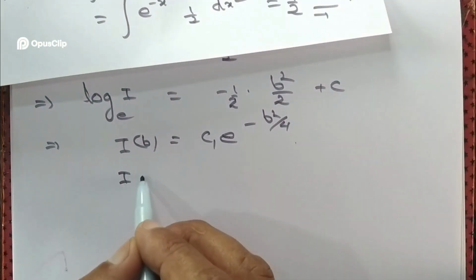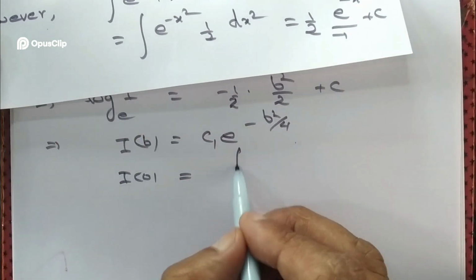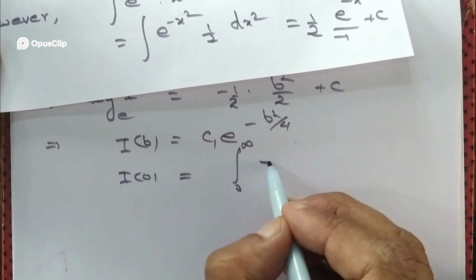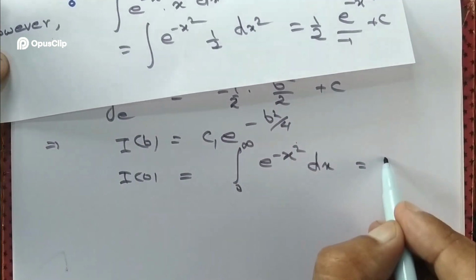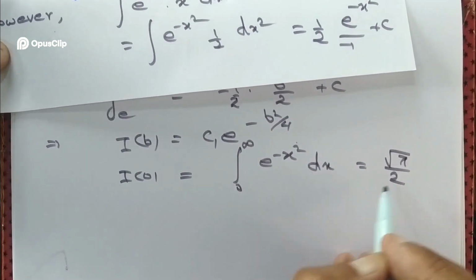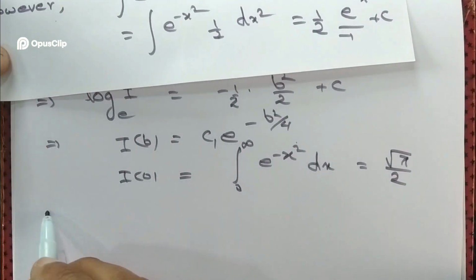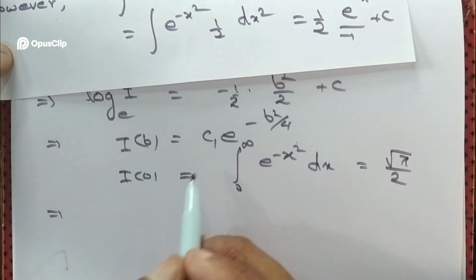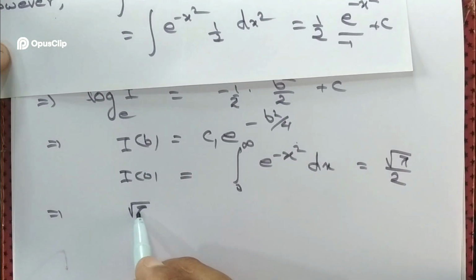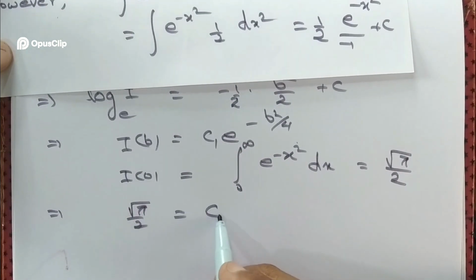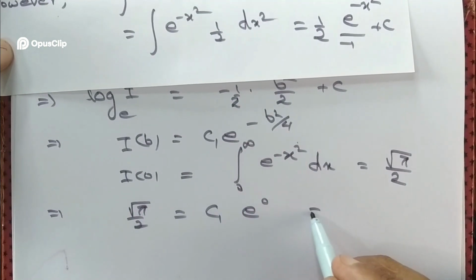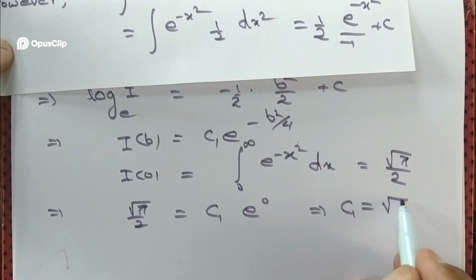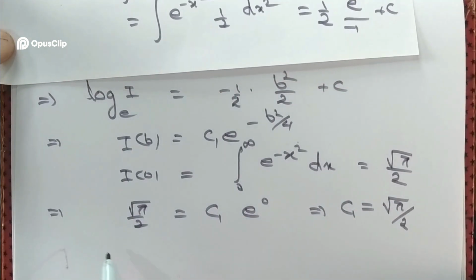So I0 equals the integral 0 to infinity e to the power minus x square dx, and that is exactly equal to root pi by 2. So if I write b equal to 0, then I0 is root pi by 2, which turns out to be c1 times e to the power 0, which is just 1. So it turns out that c1 equals root pi by 2.